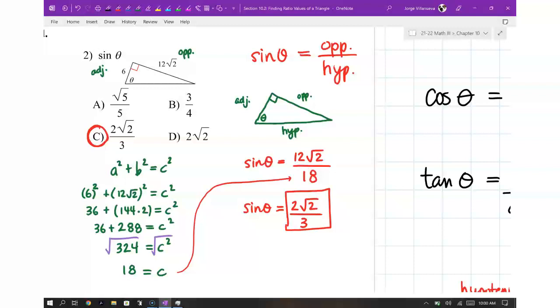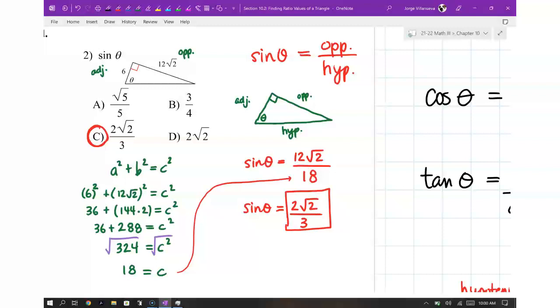I found the opposite side was 12 radical 2. I looked for my hypotenuse and I noticed there's no hypotenuse. They didn't tell me. So I had to use the Pythagorean theorem to figure that out. Okay? Once I figured out the c value, the hypotenuse value, then I just plugged it back in and simplified.